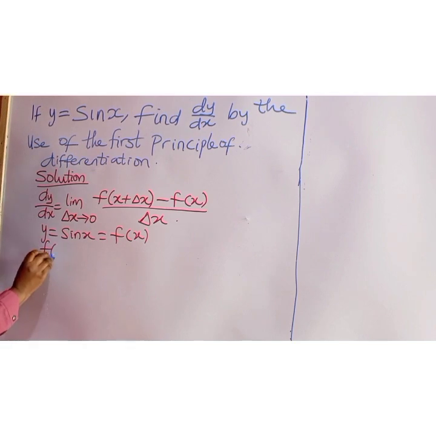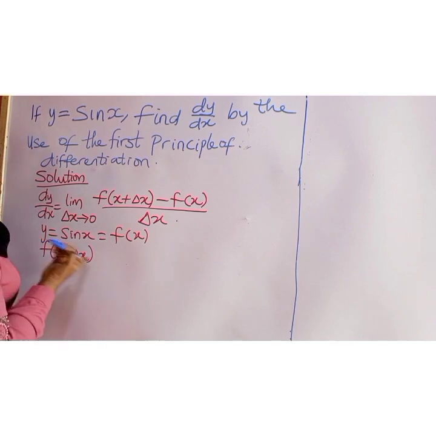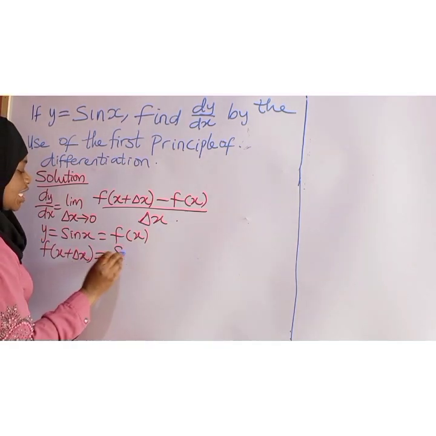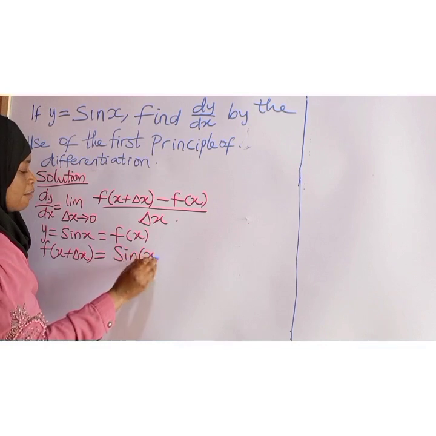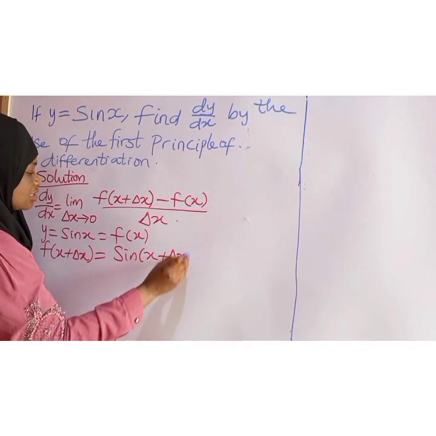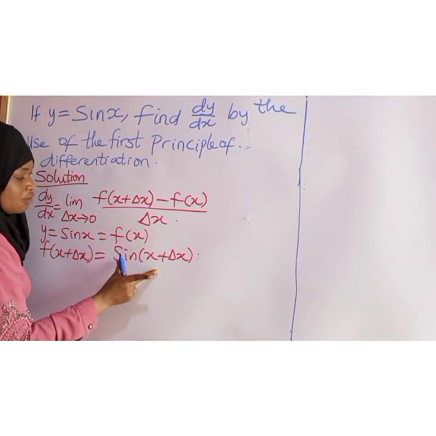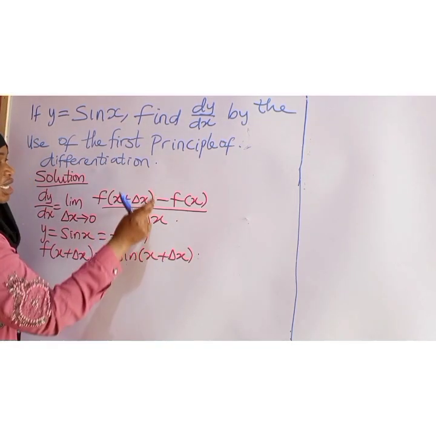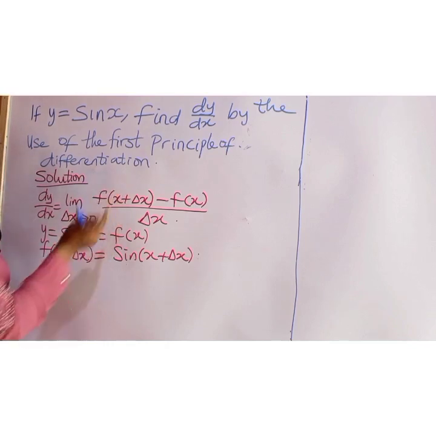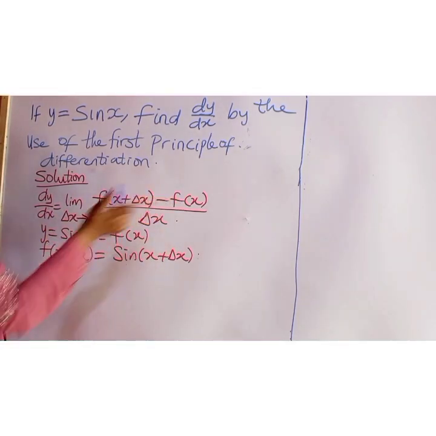So f of x plus change in x will now be, wherever you see x, you're going to put x plus change in x. So we have sine of x plus change in x. Now we're going to substitute this sine of x plus change in x into this formula, and sine x here as well.